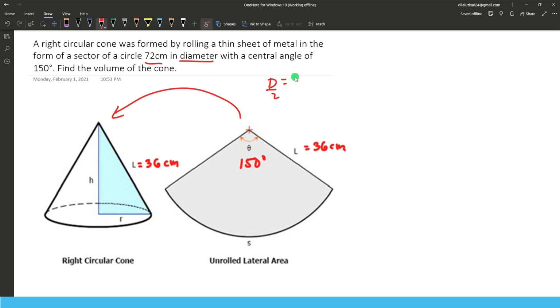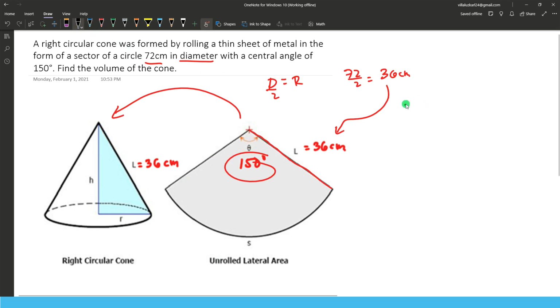Taking half of 72, that's 36 centimeters. That will be the equivalent slant height of your cone, and that's the radius of the sector, 36 centimeters. While we have a central angle of 150 degrees. Find the volume of the cone.